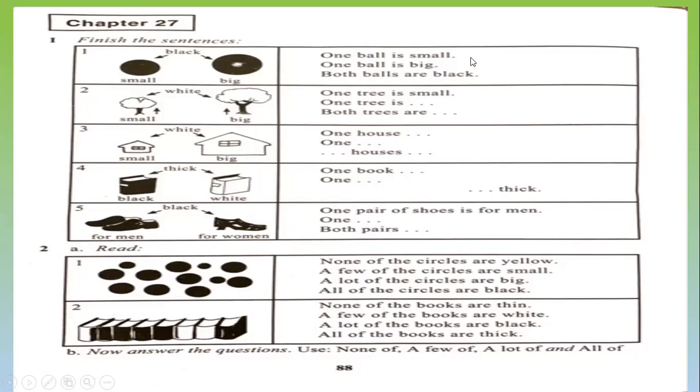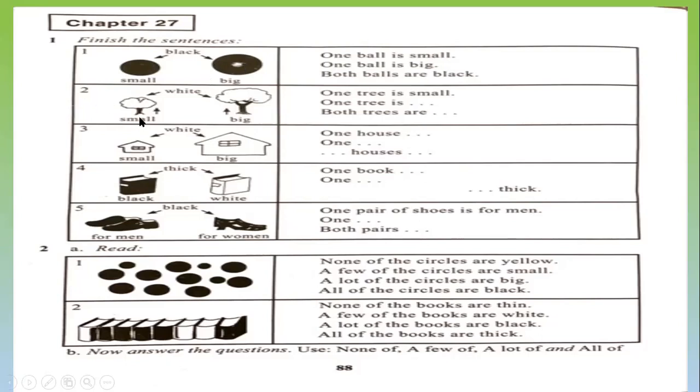One ball is small. One ball is big. Both balls are black.